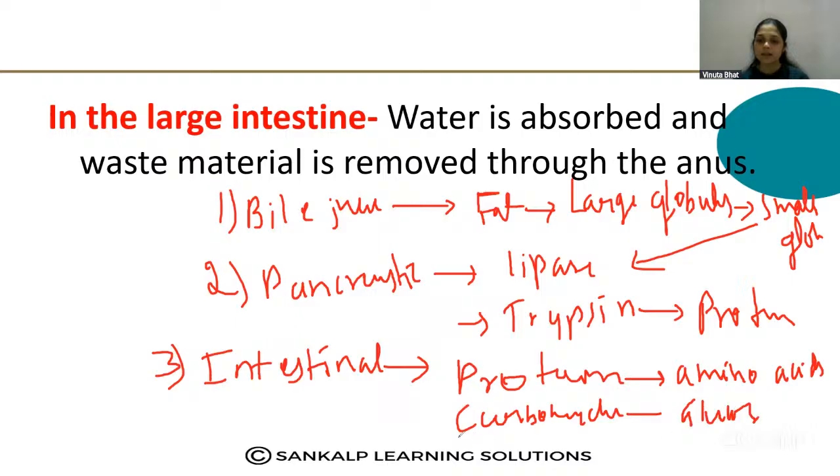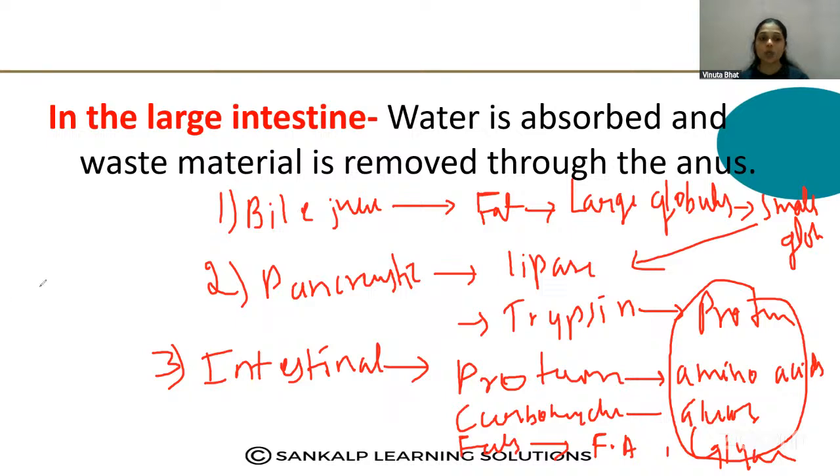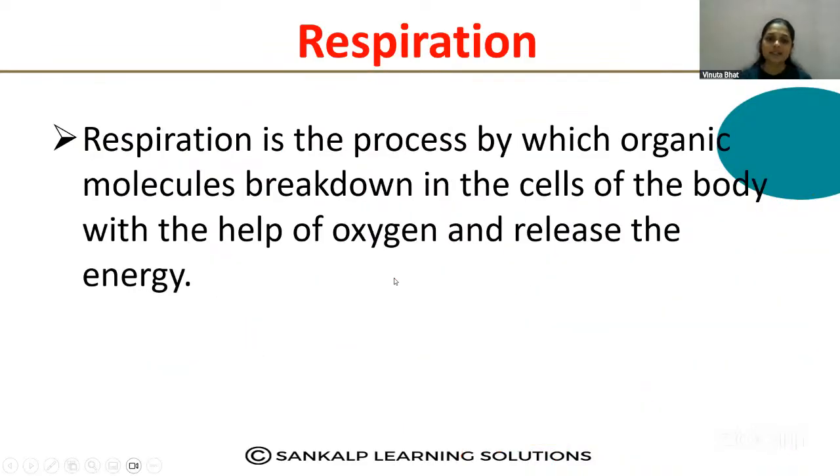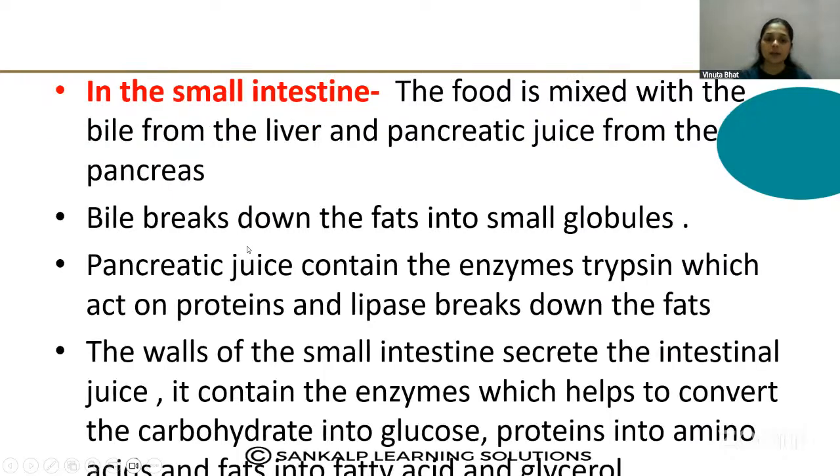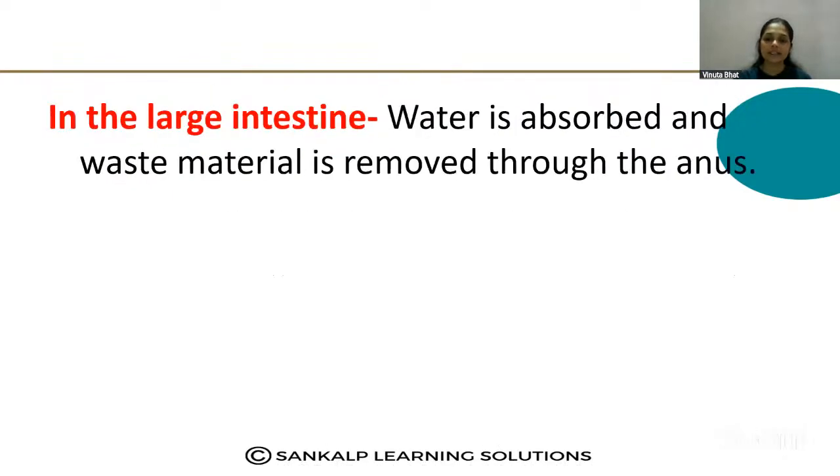Then the fats into fatty acids and glycerol. Okay, so these all are the simpler forms of the nutrients that are absorbed by the walls of the intestine. So this is how the digestion takes place in the intestine, and the absorption also takes place in the intestine.